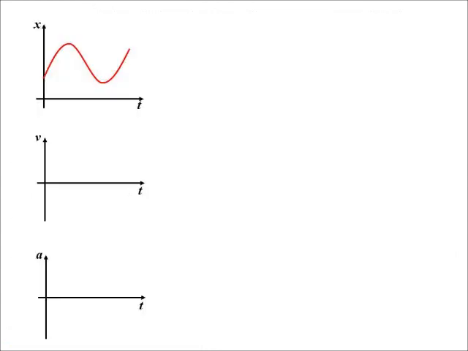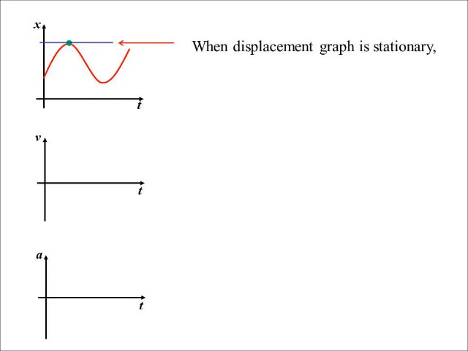So when it comes to graphs, we've got this displacement time graph there. Now we know that when the displacement graph is stationary, what should we be seeing on the velocity graph? Well, if it's stationary, the slope of that graph is 0. So on our velocity graph, we know it's 0. So we should end up with a t-intercept, because I've got time as my horizontal axis.